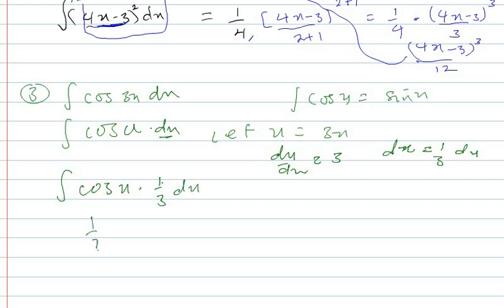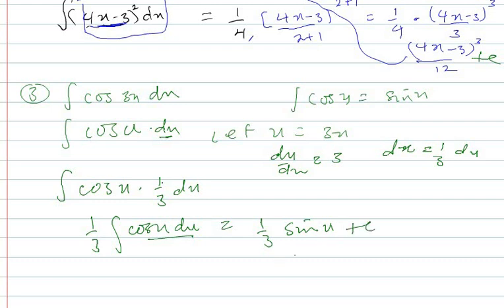So we can say 1 over 3 out of the integral of cos u du. Then the integral of this, you already know, is sine. So we can say 1 over 3 sine u plus c. Don't forget to add a constant of integration.